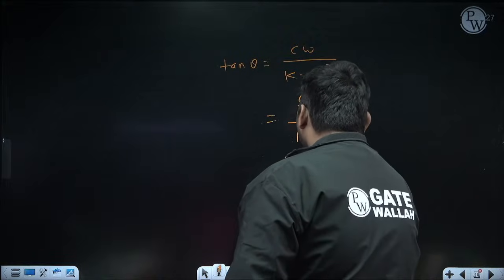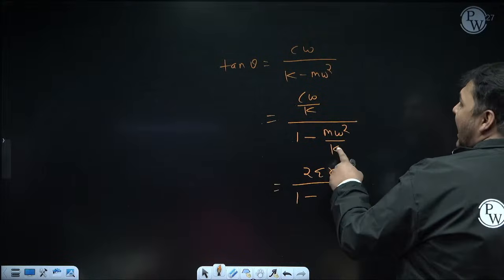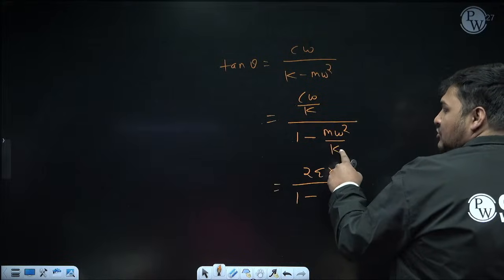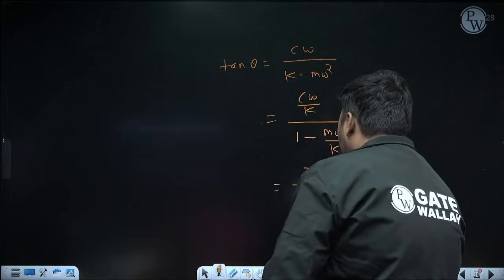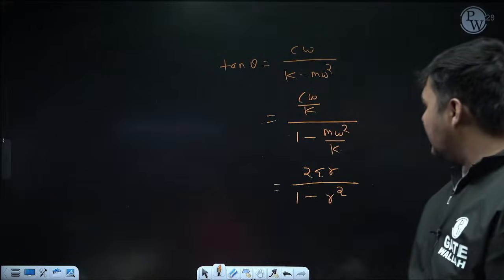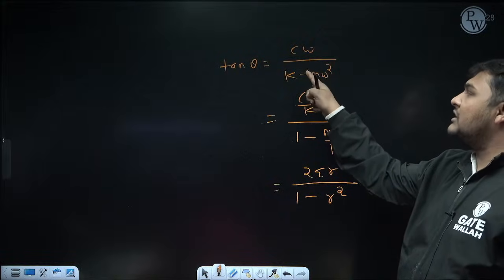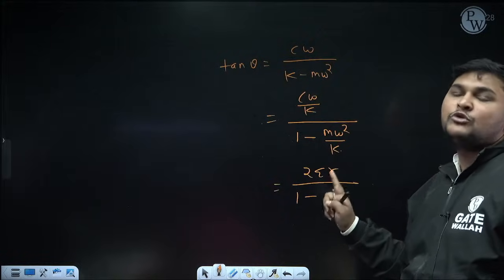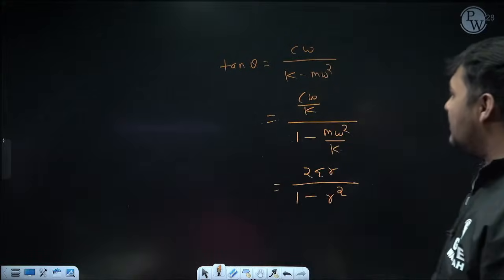Now again c omega by k is 2 zeta r, upon 1 minus, and this term is again r square. Why? Because k by m is omega n square, so it will be omega by omega n whole square, and omega by omega n is r, so it is r square. Okay. So the expression of theta is tan theta equals 2 zeta r upon 1 minus r square. So whether you remember this equation or not, I suggest that in terms of zeta and r, always remember the equation.